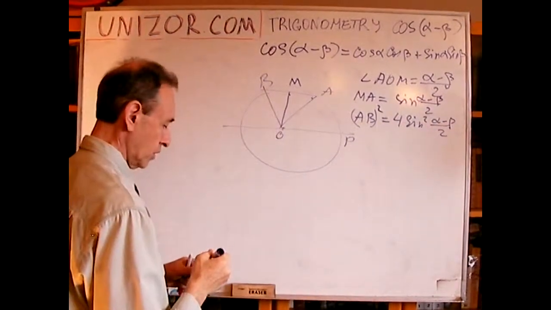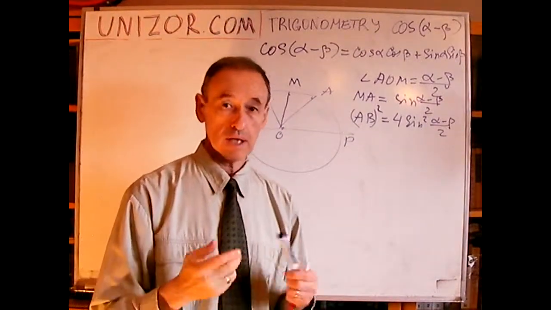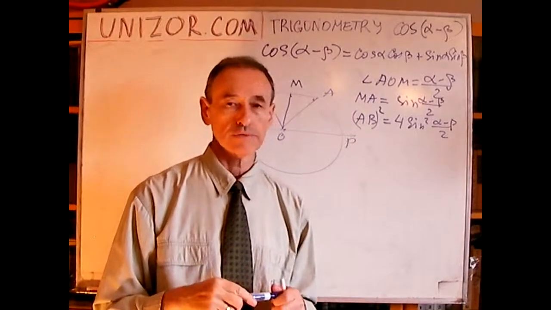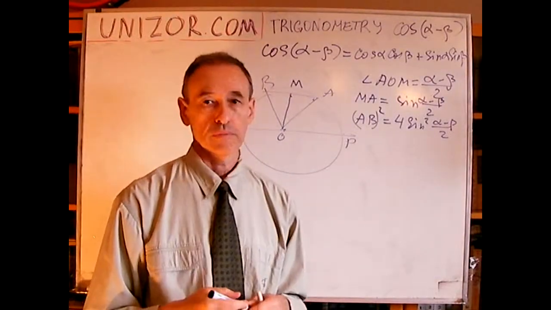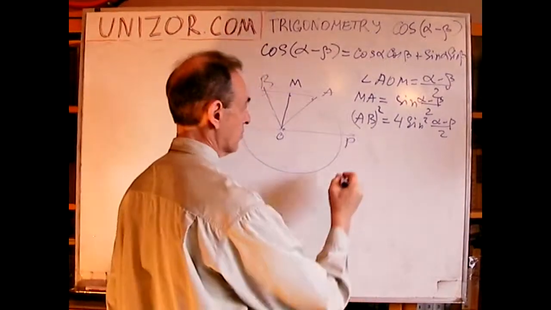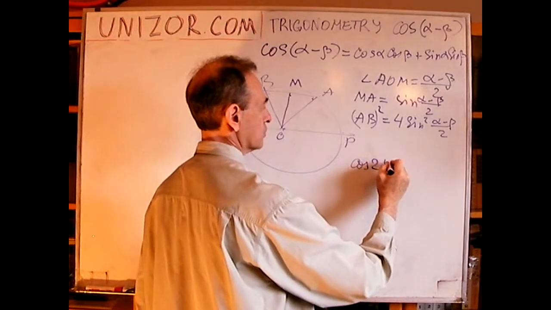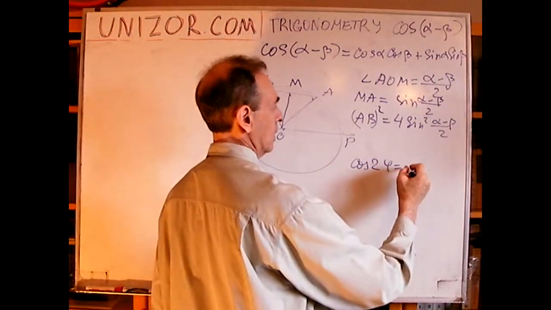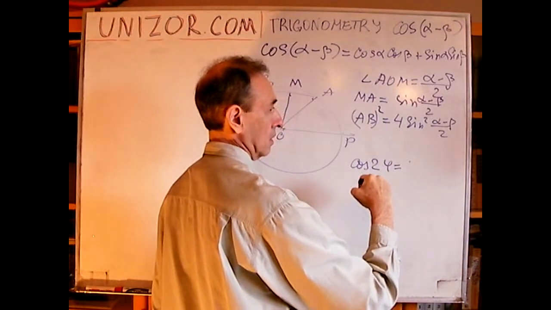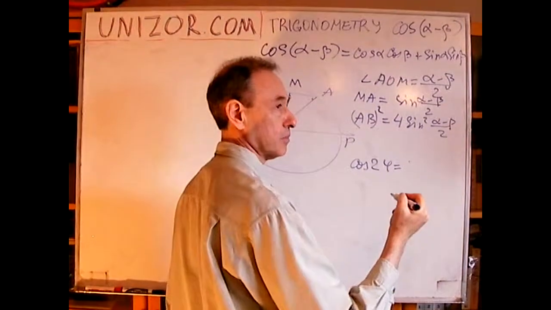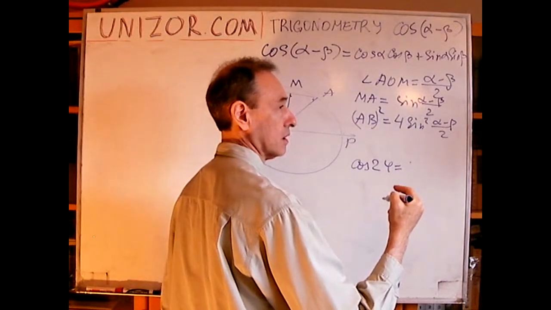And now what I will do is use a formula again which we have derived in the fundamental identities about double angle. So if you remember, I have derived the formula that cosine of 2 phi is equal to, what is it? I never remember it, but let me just derive it very quickly.